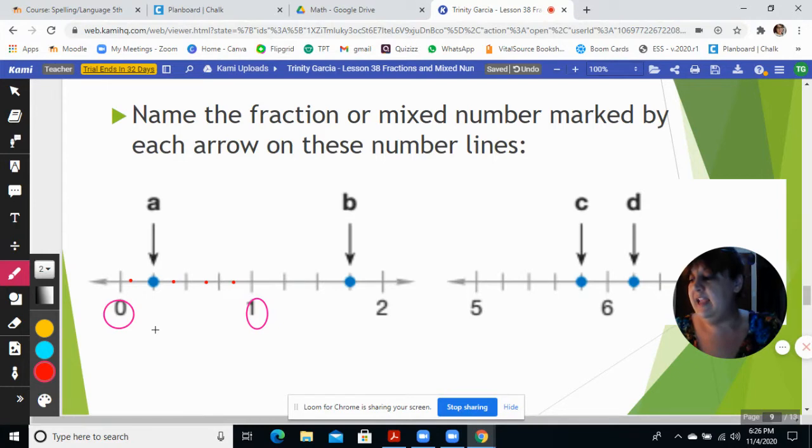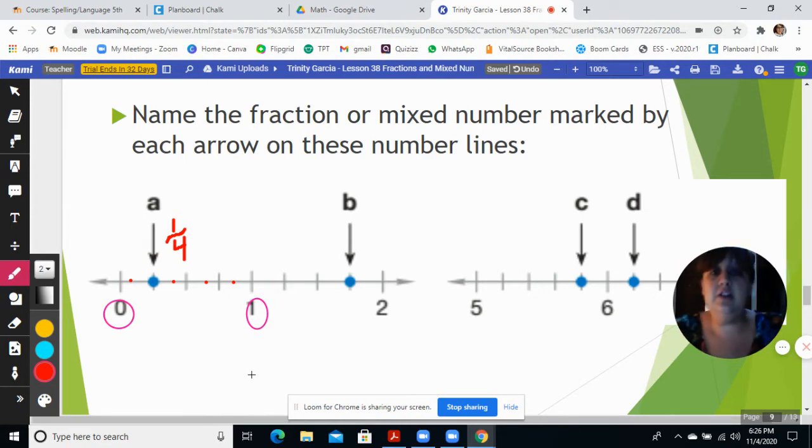So point A is 1 section over from 0. That means our bottom number is 4 because there were 4 parts. It's divided into fourths, and it's only 1 section of it. So that makes A 1/4.